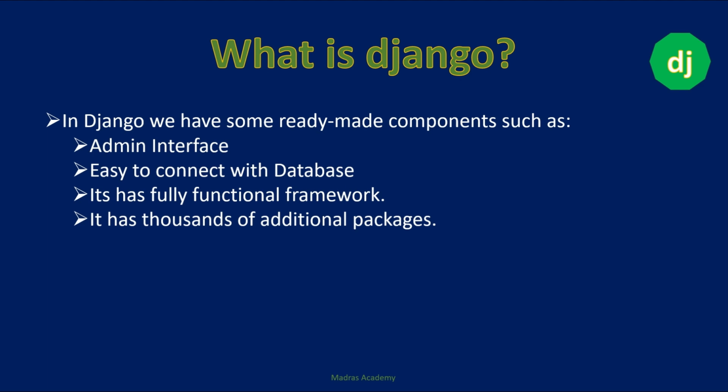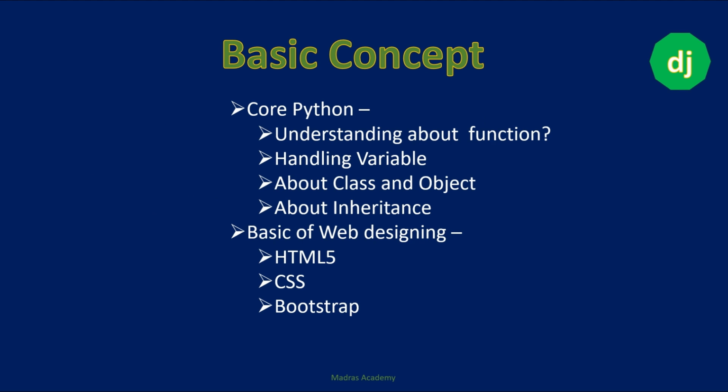Next, before creating the Django application, we have to learn some basic concepts. In core Python, we have to understand functions, handling variables, classes and objects, and inheritance. These are the topics we have to learn as the basics, as well as the basics of web designing: how to create HTML5 forms, and how to add CSS and a bootstrap theme to our HTML page.